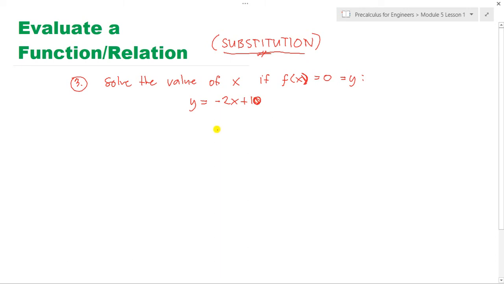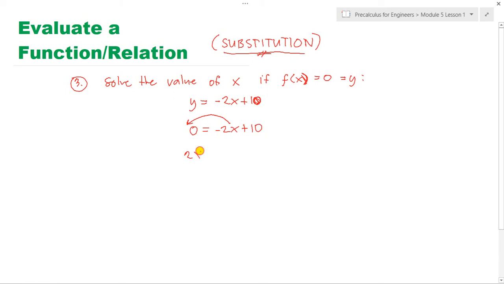Meaning, we reverse. Since from the previous, the given is the domain x, here our unknown is x. So what we are going to do here is rearrange the equation. Since we have a y of 0, we can just substitute that easily. So here y is 0, so 0 equals negative 2x plus 10, and then isolate 2x on one side, so we can transpose that to the other side.